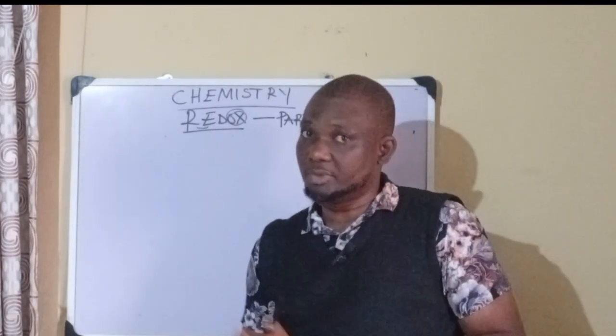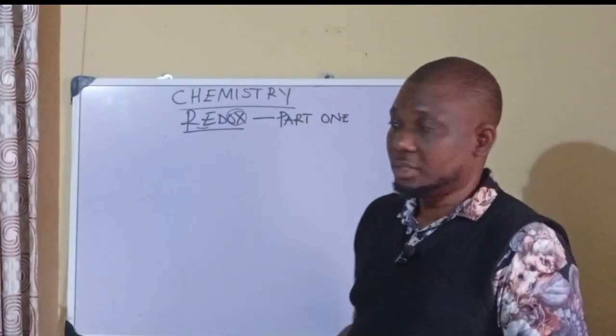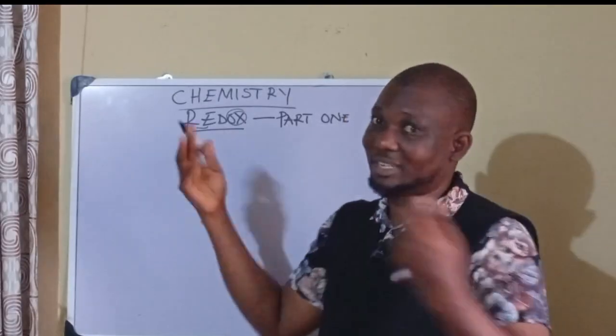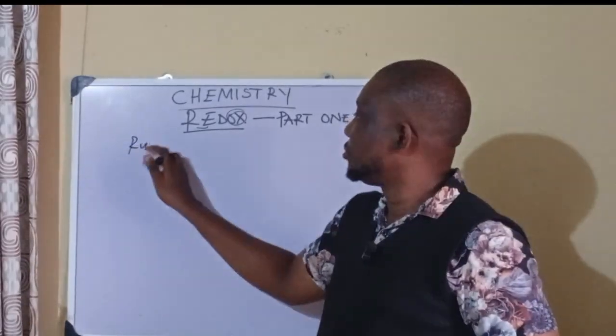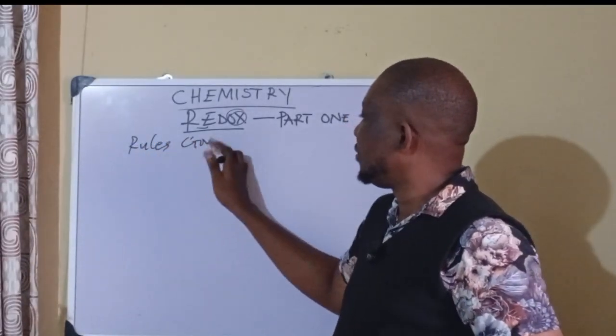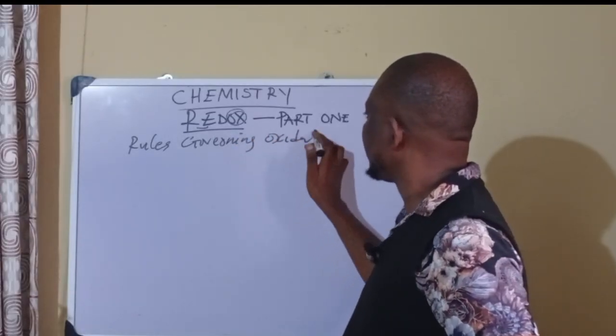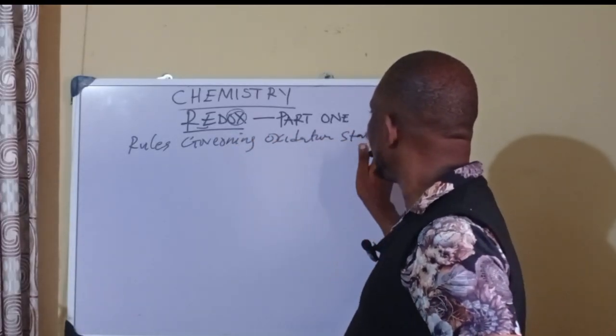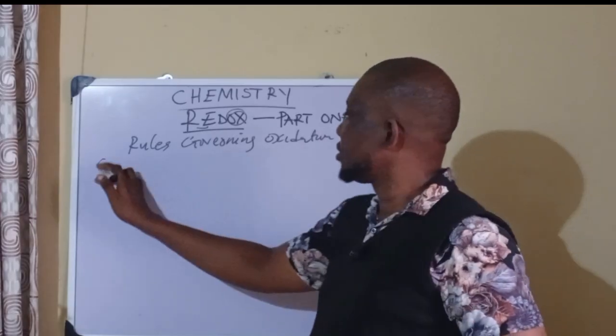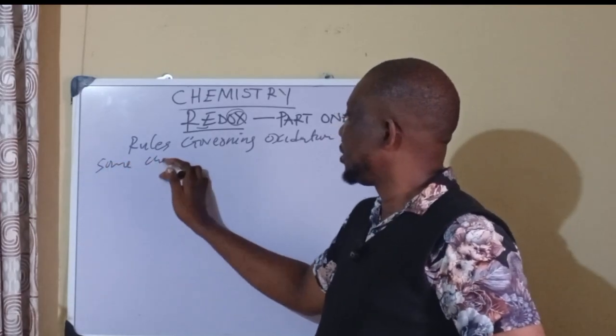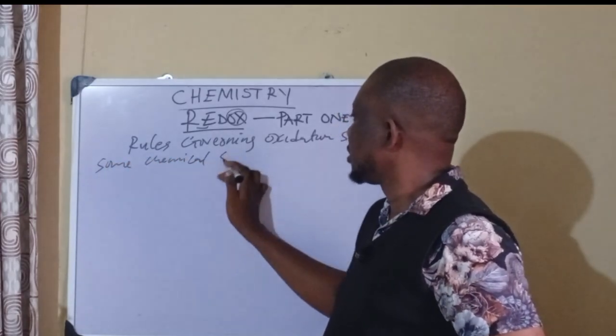Not all chemical species, but very few chemical species that we're going to be looking at in this video. So let's look at the rules governing oxidation states of some chemical species.